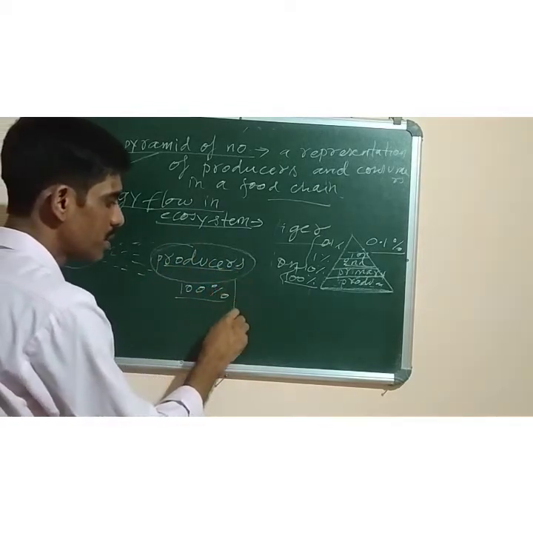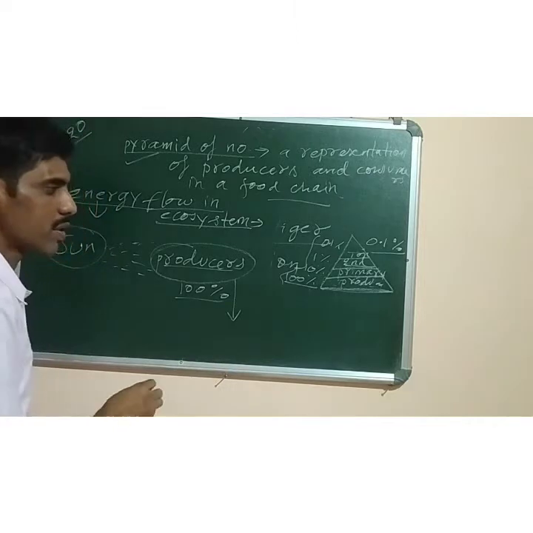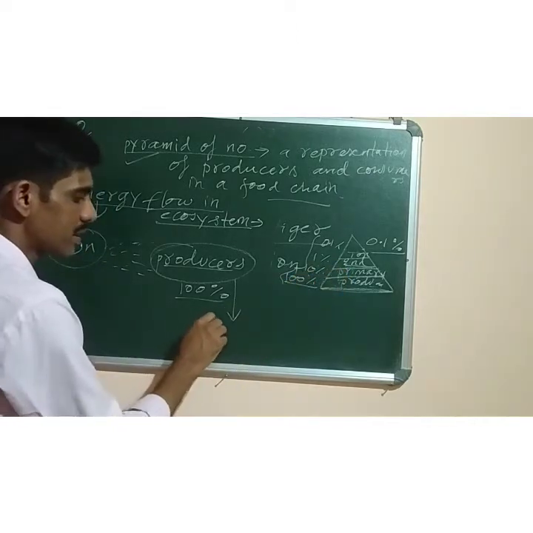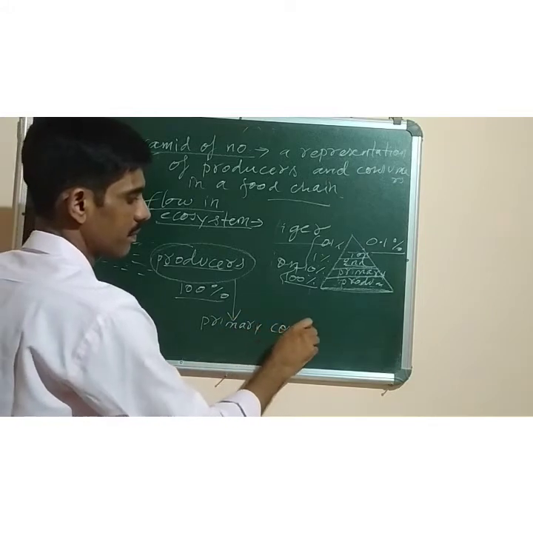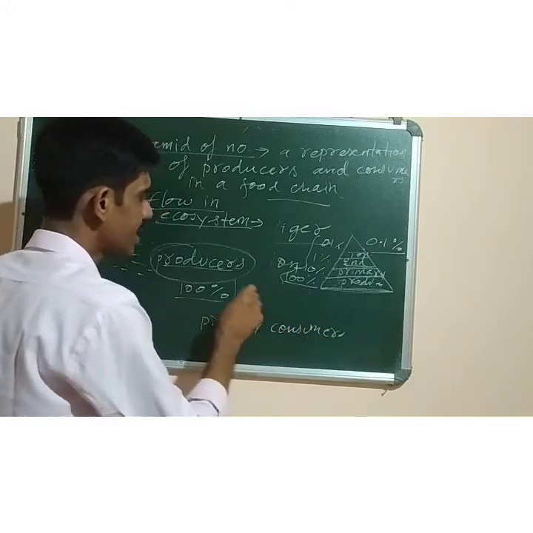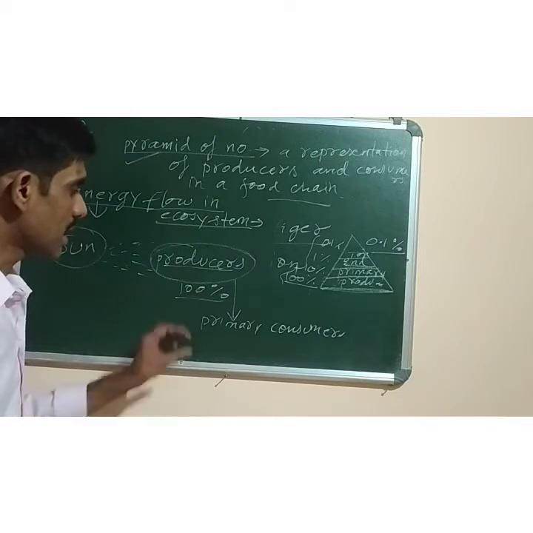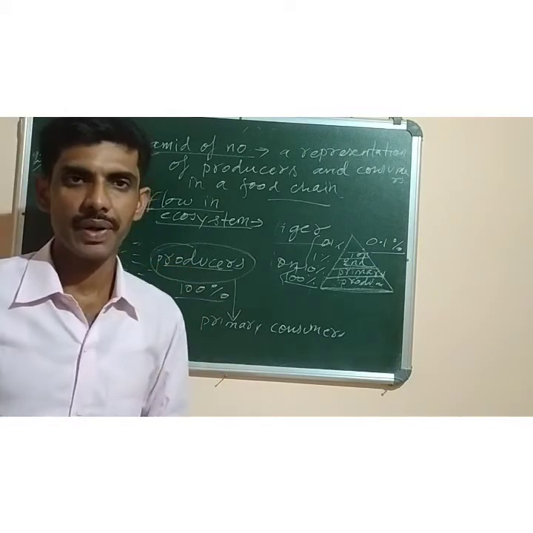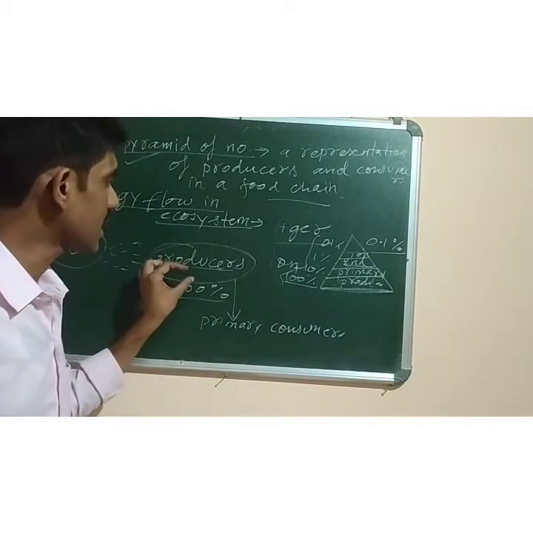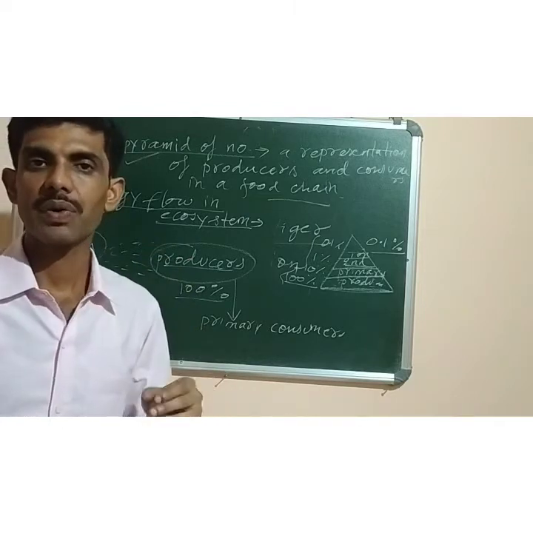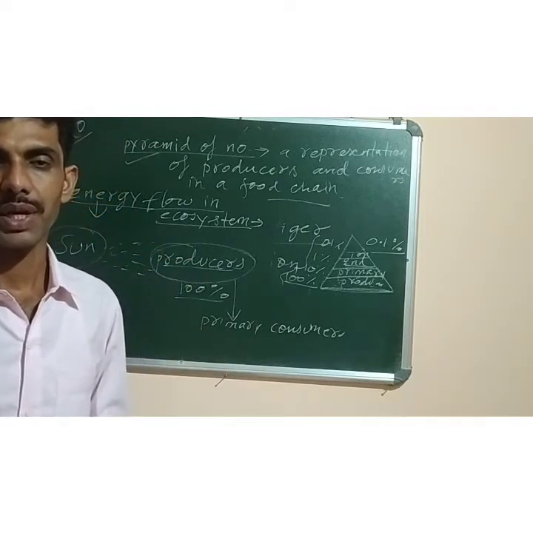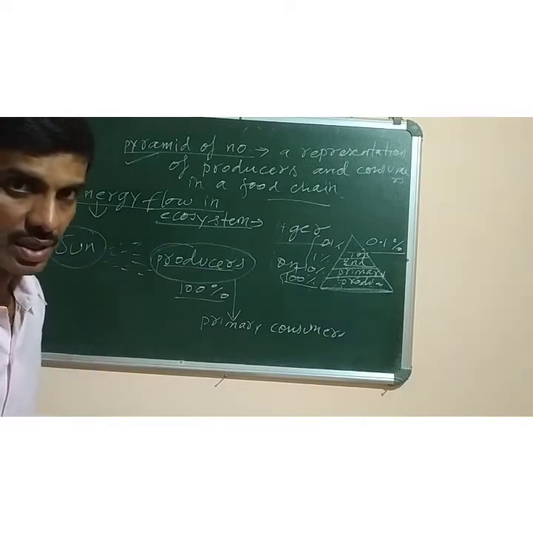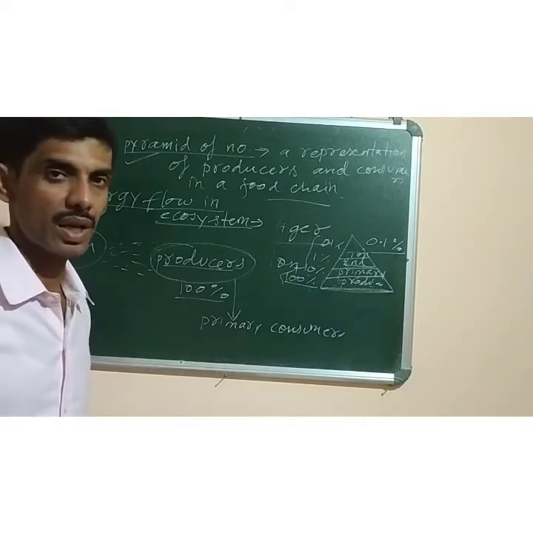Now when these producers are eaten by herbivores, that is the primary consumers, when the primary consumers feed on the green plants, out of this 100% of energy, 90% energy is used by the green plants for their growth, for their development, for their germination process, to carry out the day-to-day activities like transpiration, respiration and all.